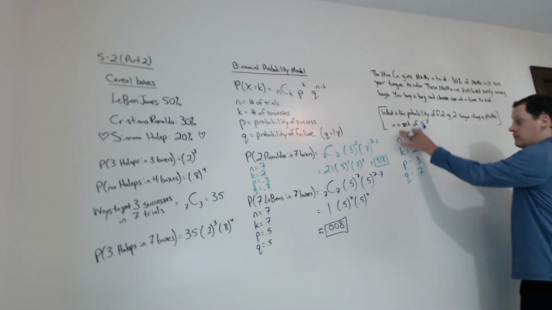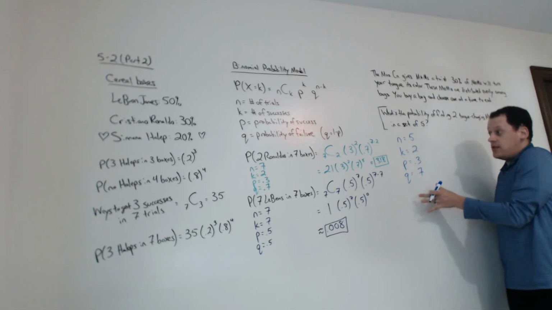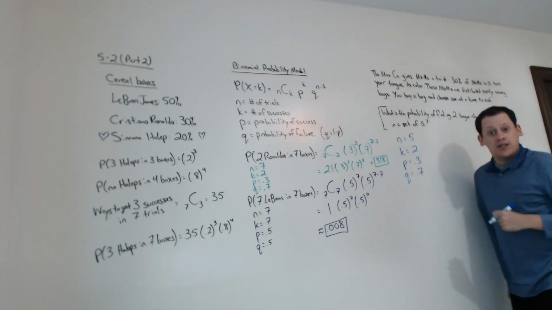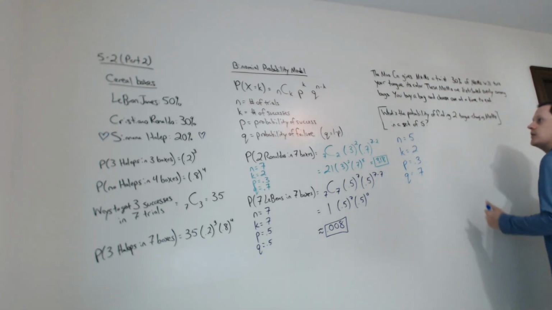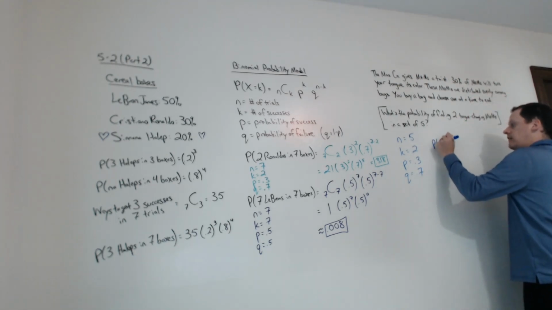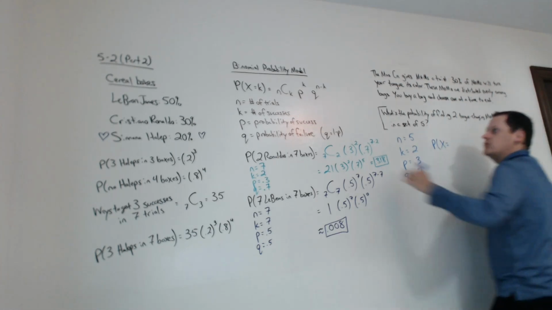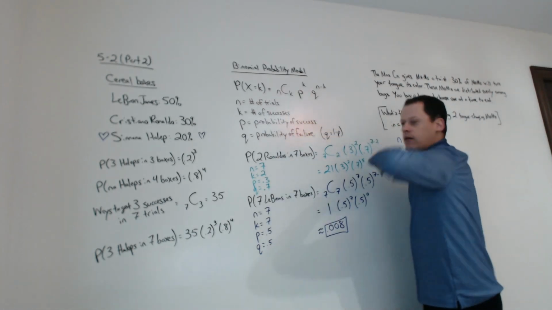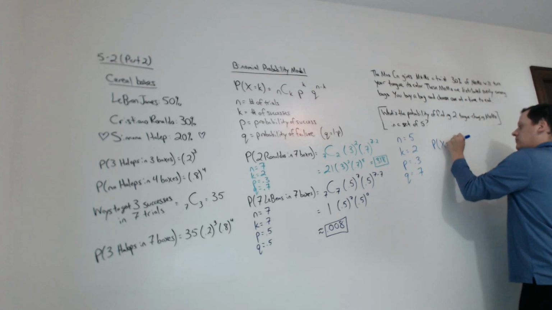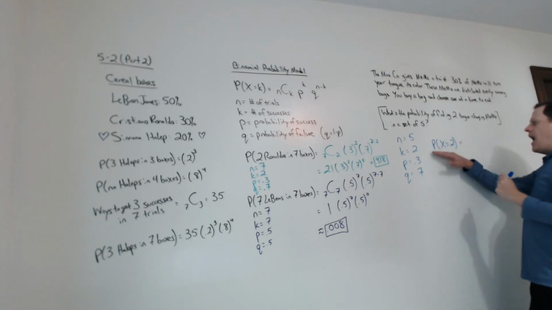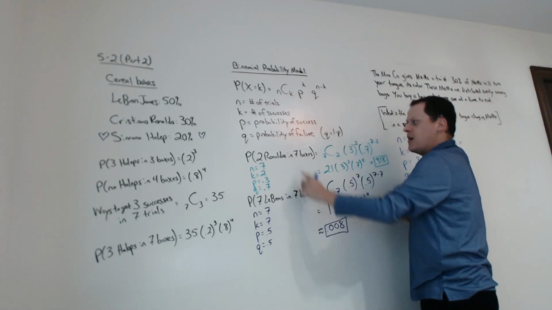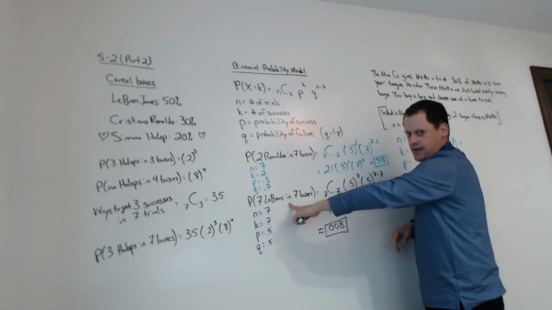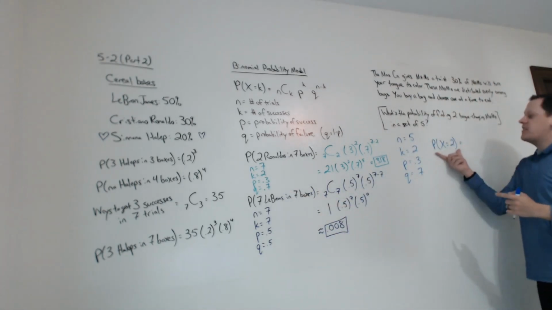So, once you've got N, K, P, and Q, it's as simple as using the model to come up with the answer. So, let's do it. We want the probability that X is equal to K, which is 2. I didn't write this part of the setup of the model for these examples because I already had the statements here, but this is what that would look like.